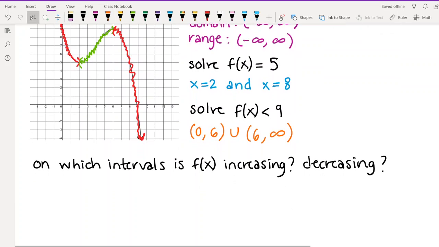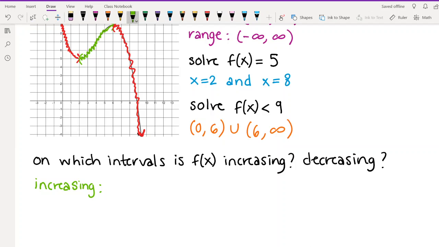So this tells us that it is increasing on the interval from 2 to 6. Again, remember that you're always going to be giving x values when the question is on which intervals is it increasing or decreasing. Your intervals should be intervals of x values. And I think in our next example, you'll get a little bit more insight into why that is.